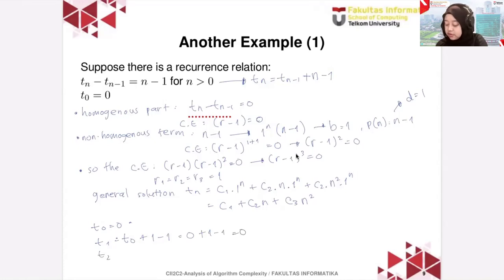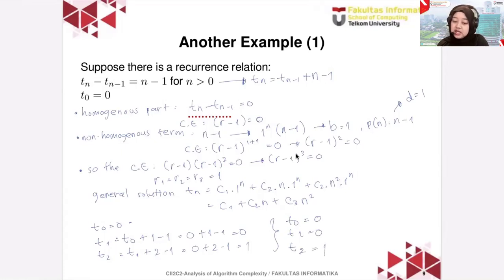And for T2, it will be T1 plus 2 minus 1. So we just substitute 2 for n, and we have T1 here. So from here, it is equal to T1, which is 0, plus 2 minus 1, which is equal to 1. So we have T0 is 0, T1 is 0, and T2 is 1.